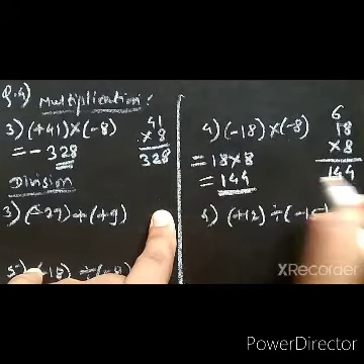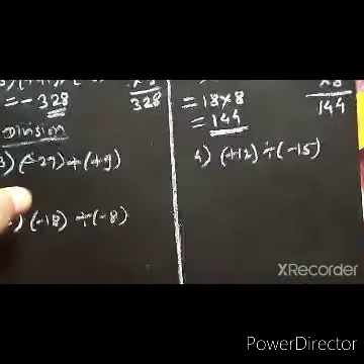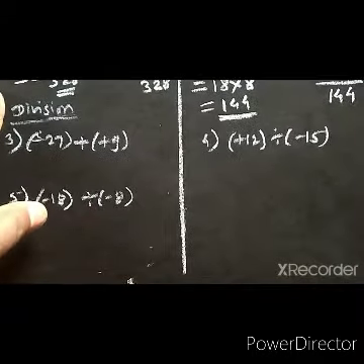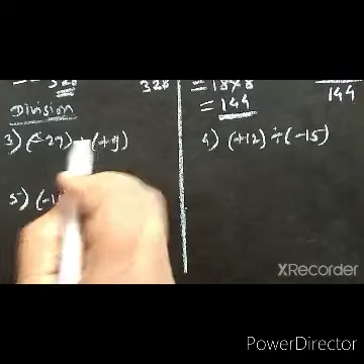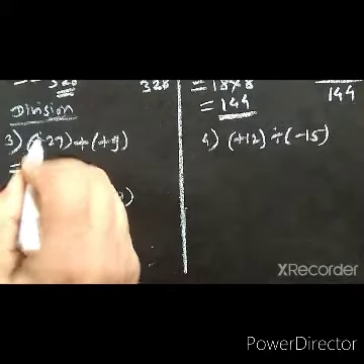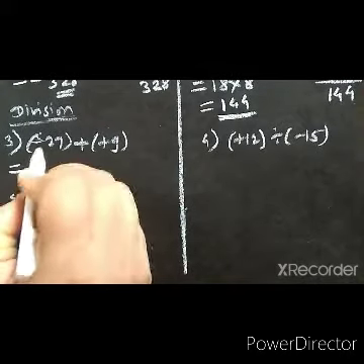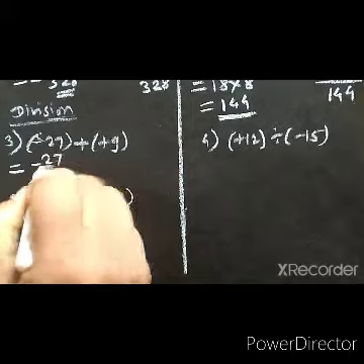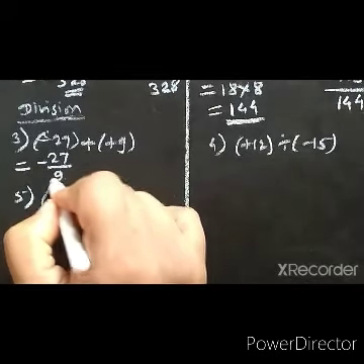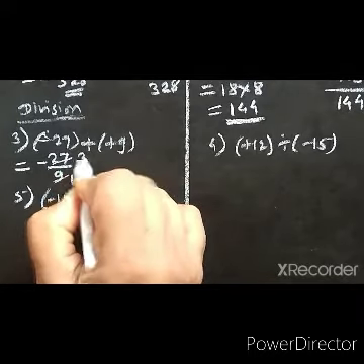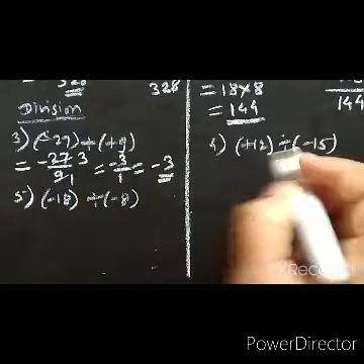So here we got the positive integer 144. Now next, let us see examples for division. Number 3, minus 27 divided by plus 9. Division of opposite signs gives a negative integer. Therefore minus 27 upon plus 9. In 9's table 27 is there. 9 1s are 9, 9 3s are 27, and therefore minus 3 upon 1, that is, we got minus 3.